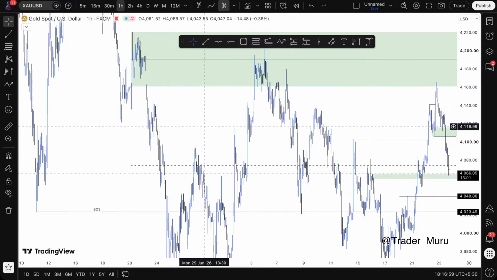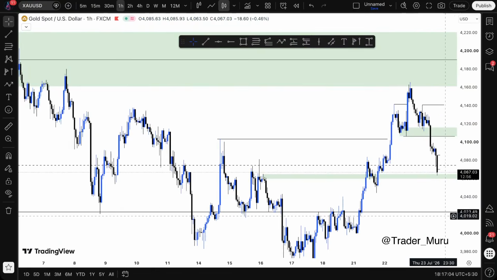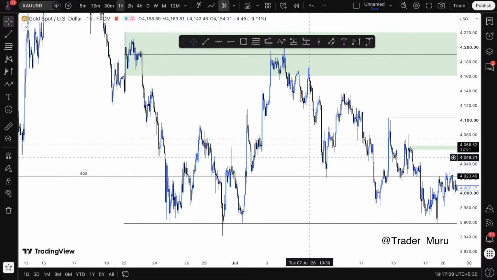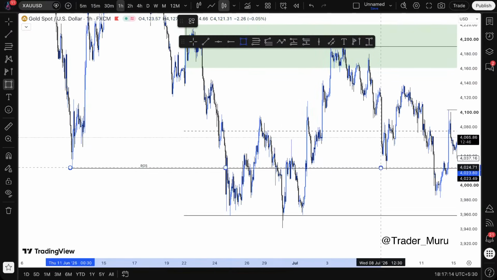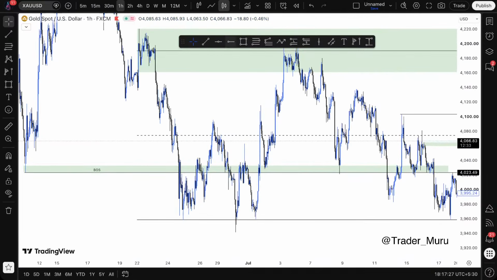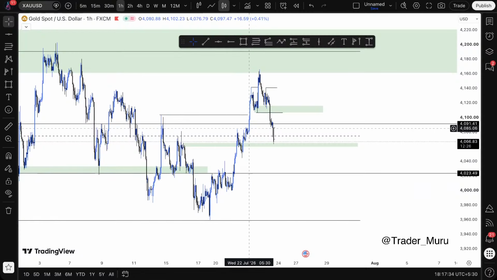Where can we buy? Can you please mention? The best area is this one, 4023, because from this area we have multiple rejections. Just look at this zone. We have first, second, third, so many rejections on bullish side, and all the time we have at least tested this high as a target, and this is our zone.